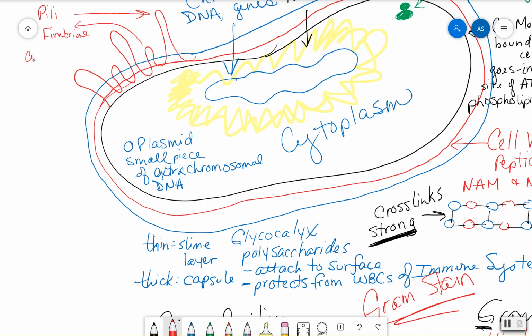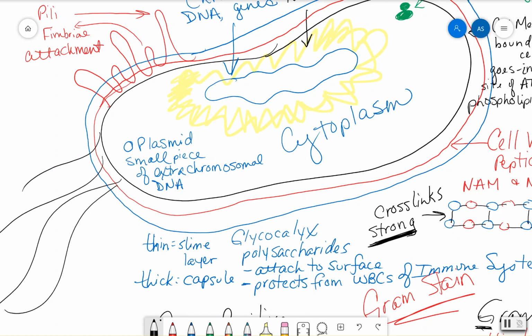And these are for attachment. And our final cell structure is one you're probably familiar with. These long things are the flagella, and they are for motility or movement.